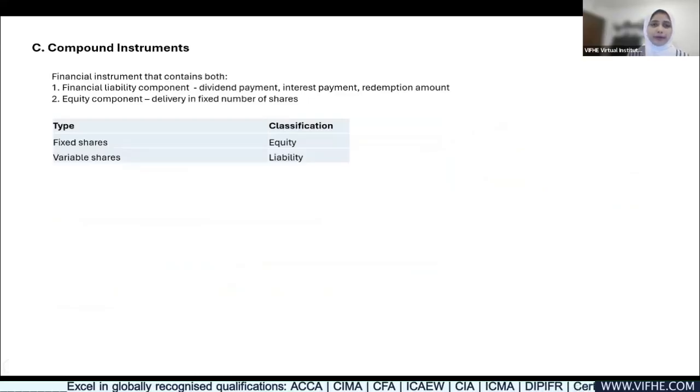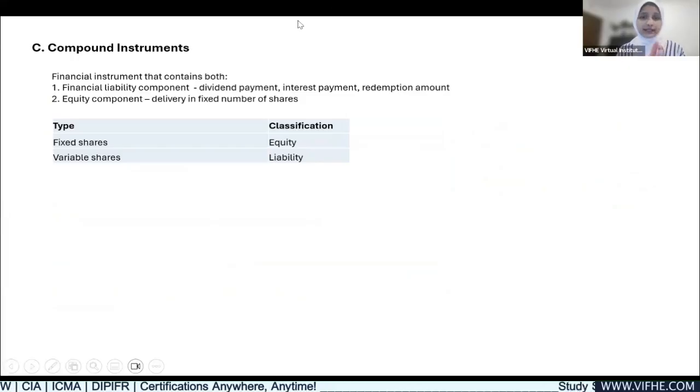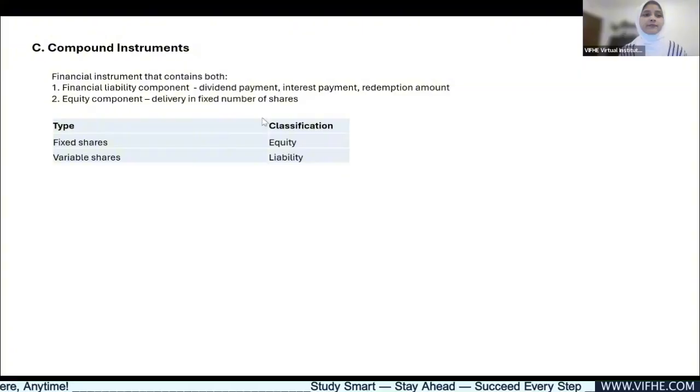Now, getting into compound instruments. Sometimes you will come across scenarios, guys, where when you read the scenario, it will give you a hint that it has an equity element and also a liability element. If that is the case, then you have to present it as a compound instrument. So we will understand this now.